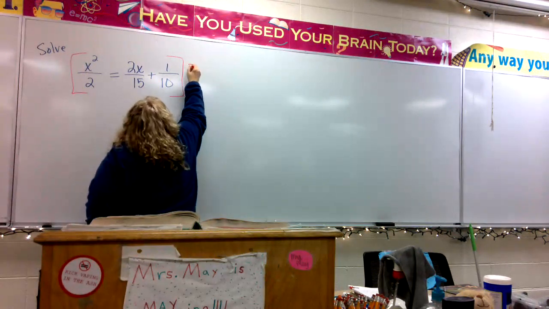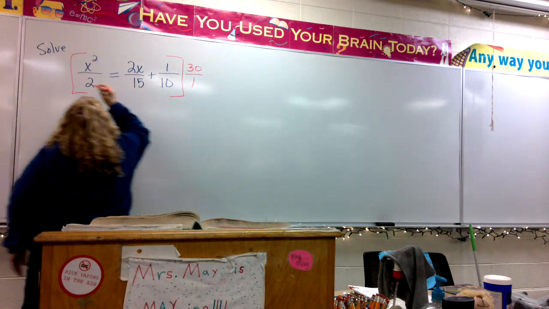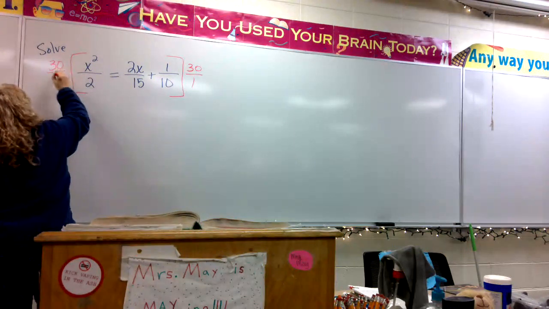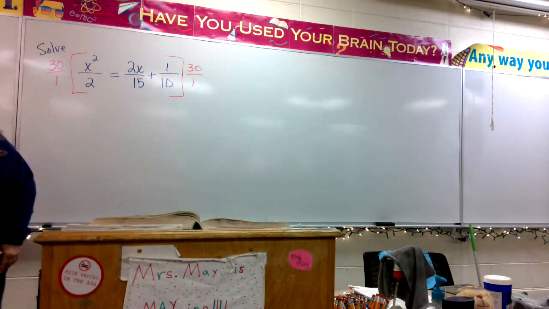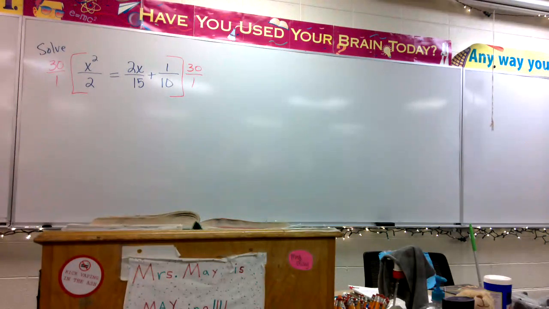We're going to multiply both sides by 30 over 1. Whatever the common denominator is, that's what you're going to multiply both sides by.